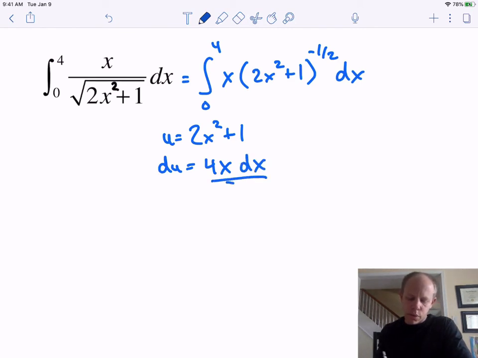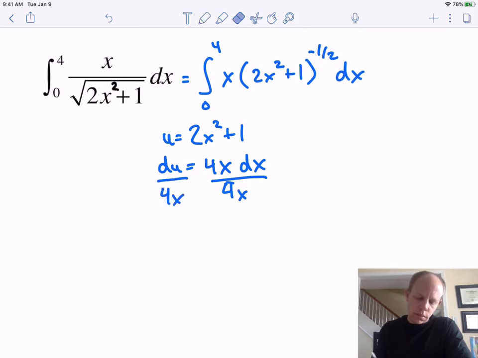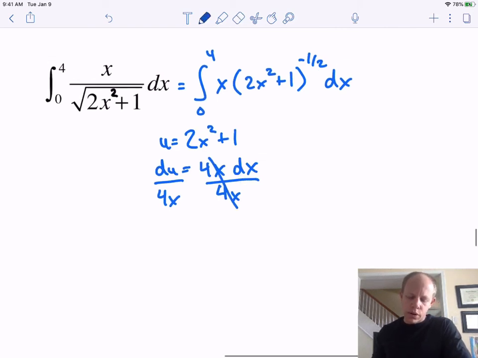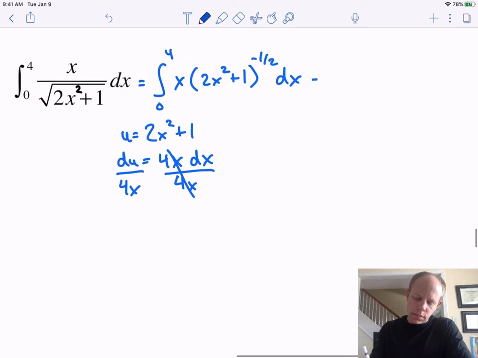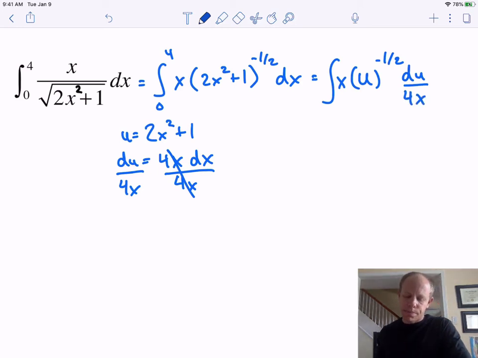From here, you want to solve for dx, so divide by 4x. Okay, that cancels there. Now we're going to do a little bit of substitution. So we're going to keep that x. This becomes u to the negative 1/2, and then du over 4x.